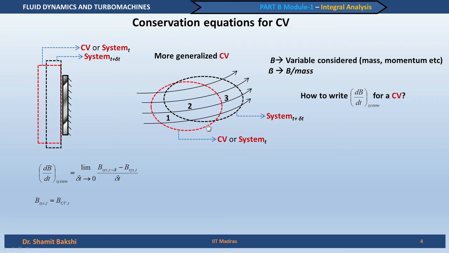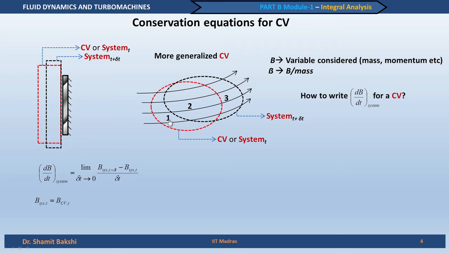In other words, region 1 is whatever has come into the control volume during the time delta t. If B is a property, then this is the B of that quantity which has moved into the control volume in time delta t. Region 3 is the region which has moved out of the control volume during the duration delta t, and region 2 is the region which has remained within the control volume during delta t.